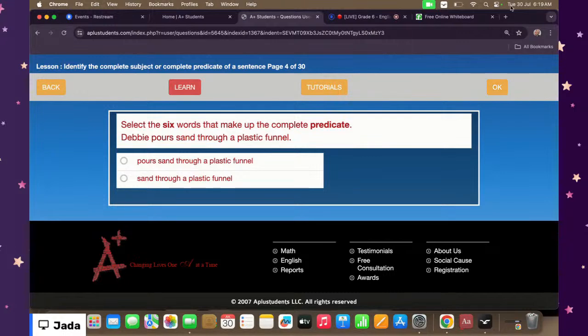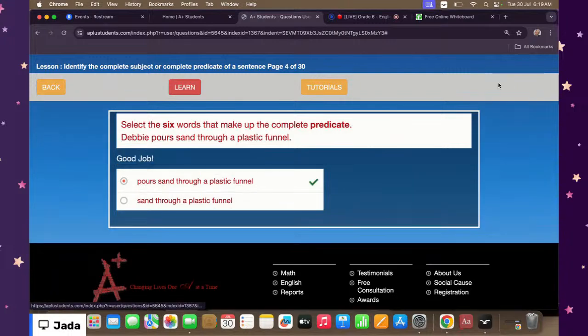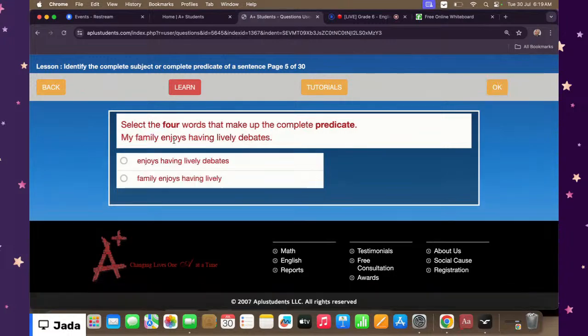Okay, one, because it's asking for six. So the first one starts from pours. Debbie is the subject.